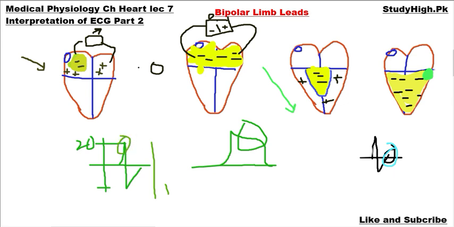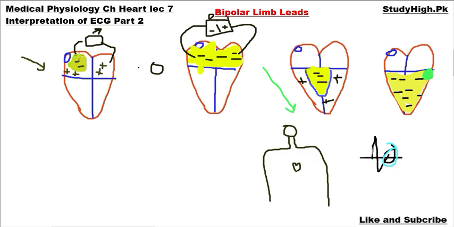Whereas we do not place electrodes directly on our cardiac muscle membrane. We place them on our chest and on our limbs. If this region of our heart is in negative potential or carries negative charges, it will also cause the fluid surrounding this region of the heart to carry negative potential.